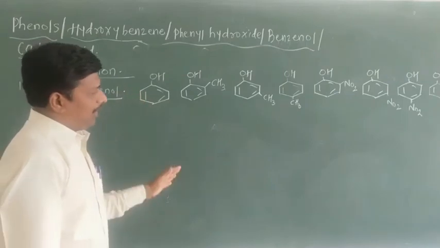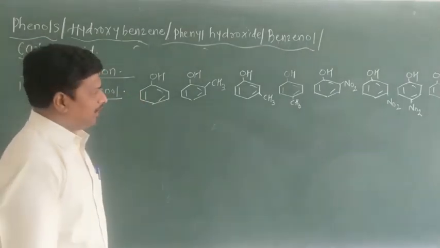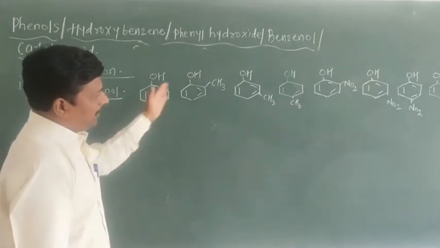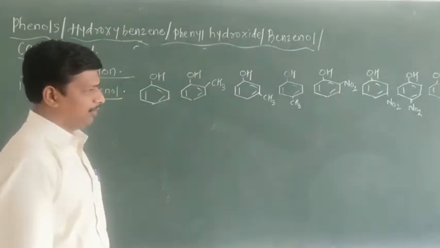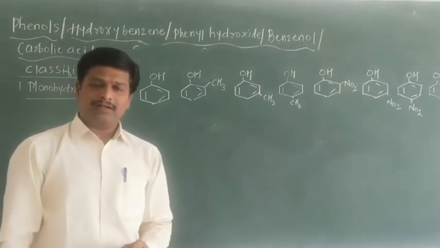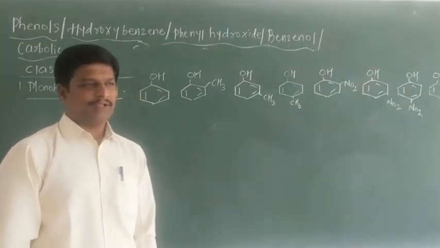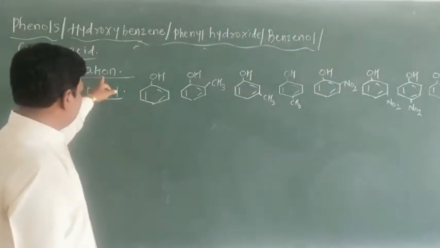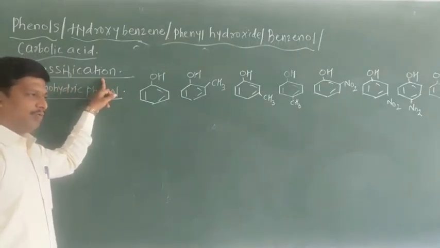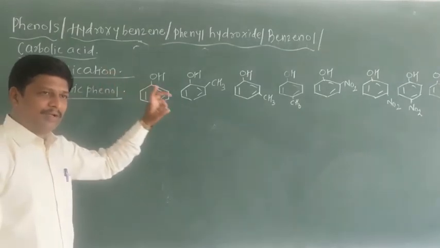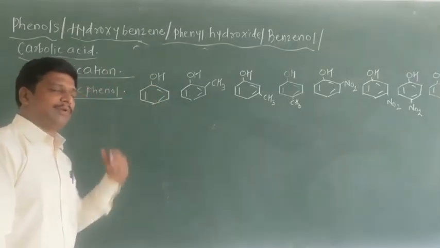Now the question may arise in your mind why I have written all these structures only for the monohydric phenol. Actually, there is a logic behind it, because in the same article on classification of the phenols, I would like to tell you the nomenclature of these phenols also.